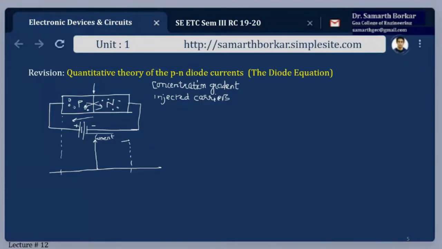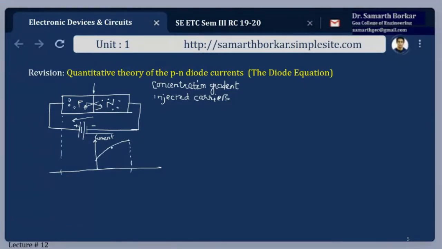Now, holes are entering into the P region, so at this point there will be a maximum. As it goes down, the number of holes will be reducing because they will start recombining with the electrons. So as I go towards the junction, the contribution of current due to the electrons will go on decreasing. Why? Because they are recombining with the holes which are entering from this side.